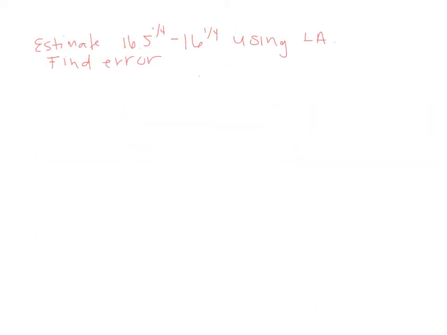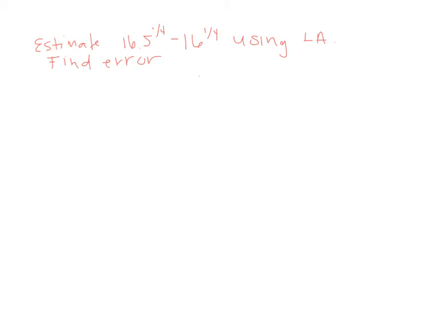Okay, so the next task is to estimate the difference between 16.5 to the 1/4 and 16 to the 1/4 using linear approximation and find the error. Again, we have two routes: finding the linear approximation, or finding the change in f. Let's go back to some algebra terms.